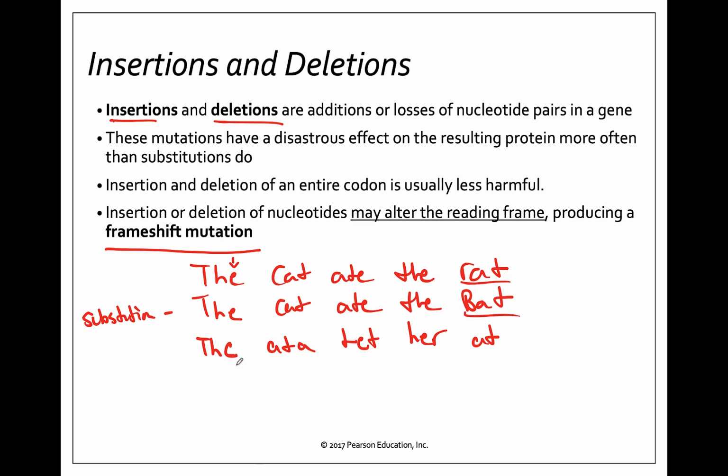So we get something that doesn't make any sense. So if I tried to read that, it'd be like the k, atta, te, her, at. That doesn't make sense. What we've done is we've changed the reading frame. By removing the E that was here, we've shifted all of the letters over by 1. And so now the words are not starting when they're supposed to start.